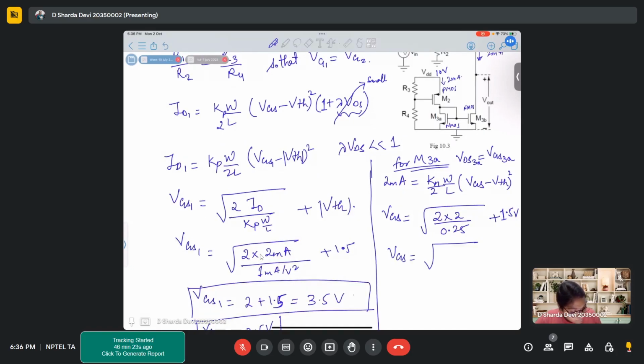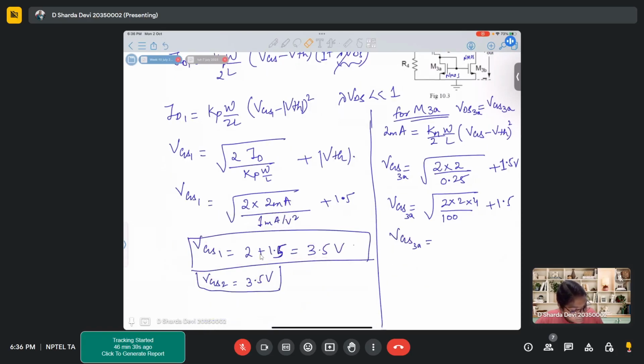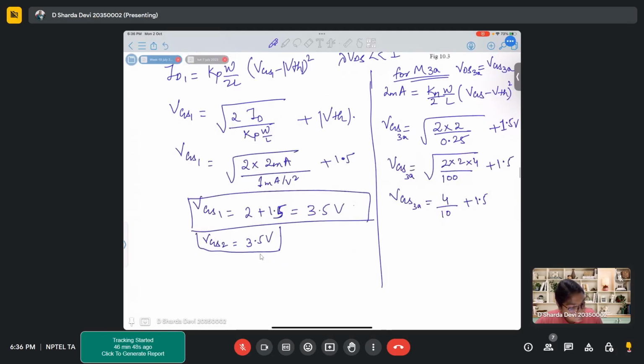So VGS 3A, we are calculating. It will be 4 by 10 plus 1.5.